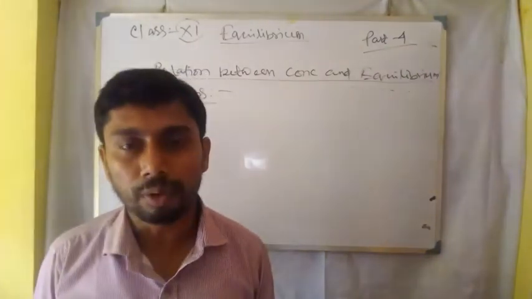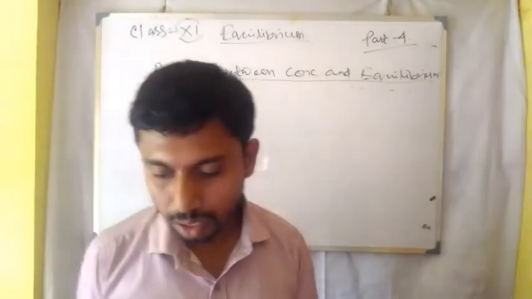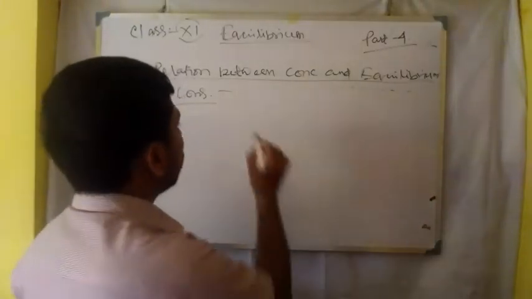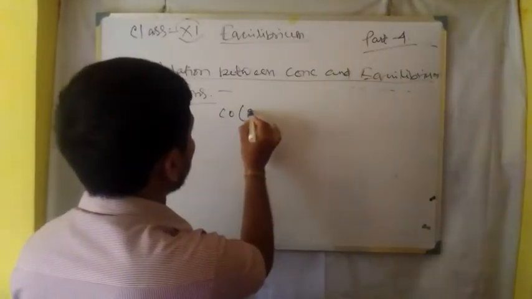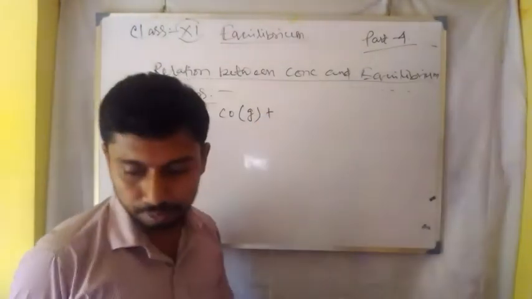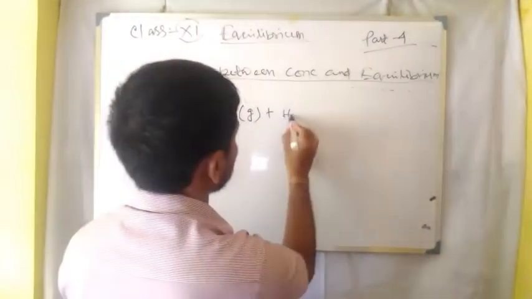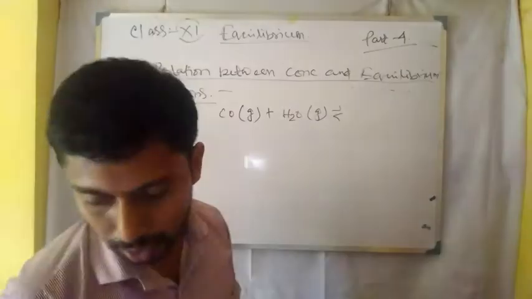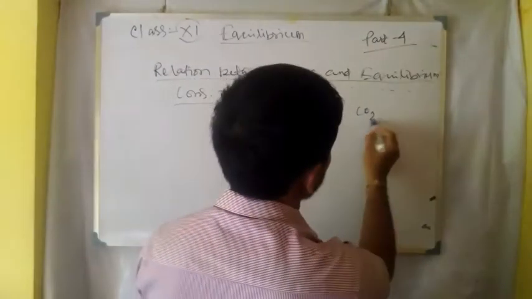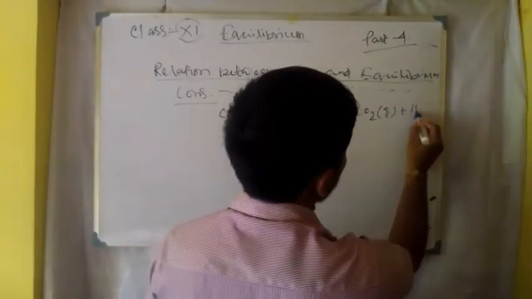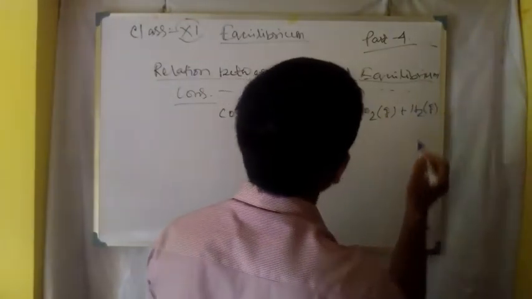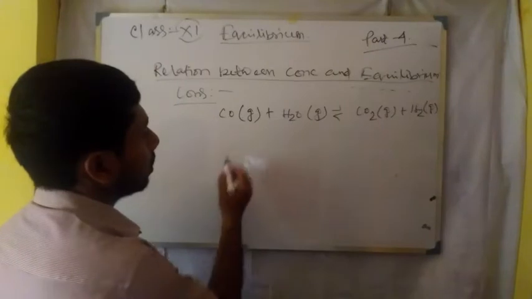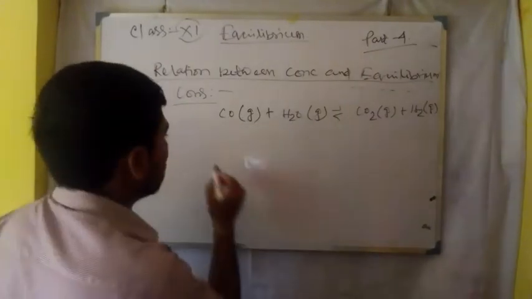But if the number of moles is the same, then there will be no unit for the equilibrium constant. For example, I am writing down the equation: CO, carbon monoxide gas, plus H2O gas, reversible sign, CO2 gas plus hydrogen gas, right? Now first of all calculate the number of moles on the reactant side.